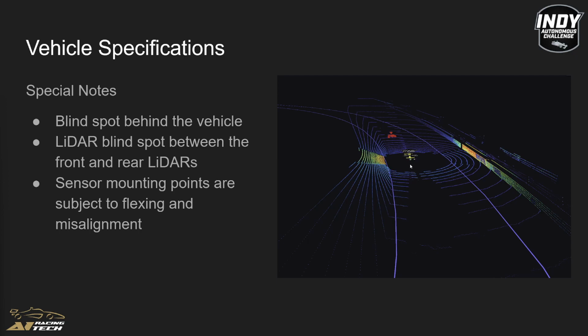The second thing is that the sensor mounting points are subject to fluxing and misalignment. Basically, where the IAC is mounting the sensors, that is just a thin metal plate with some even anti-vibration rubbers on it. And every time the crew takes a look at the cockpit for maintenance, that plate is actually removed.